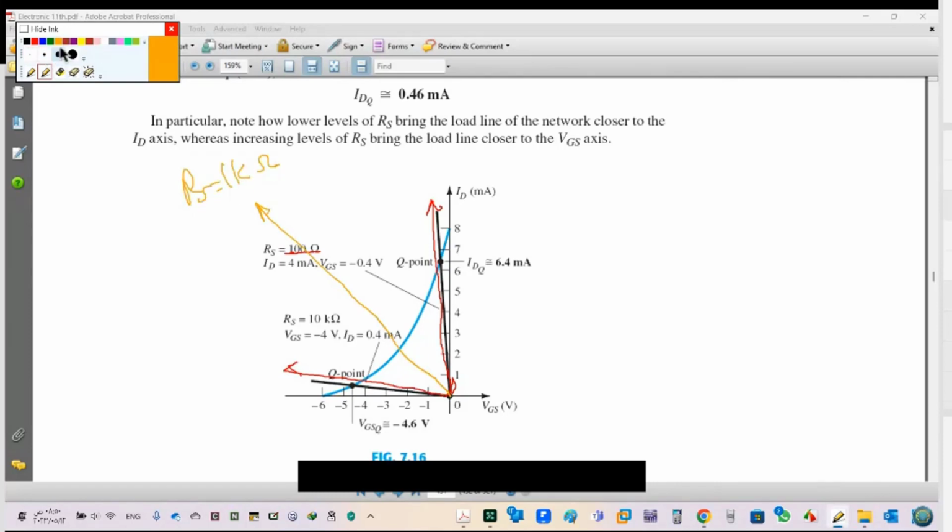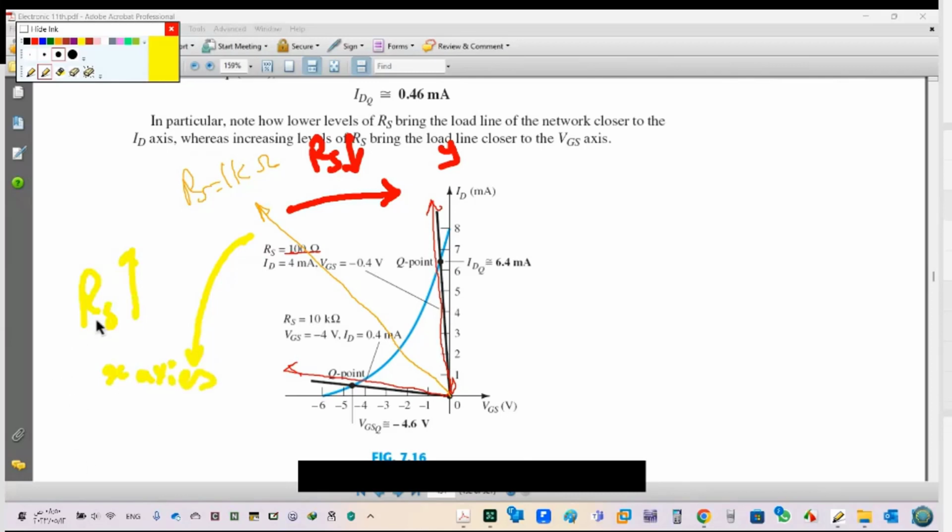So as you see here, if RS decreases, I will go toward the y-axis. If RS increases, I will go toward the x-axis.